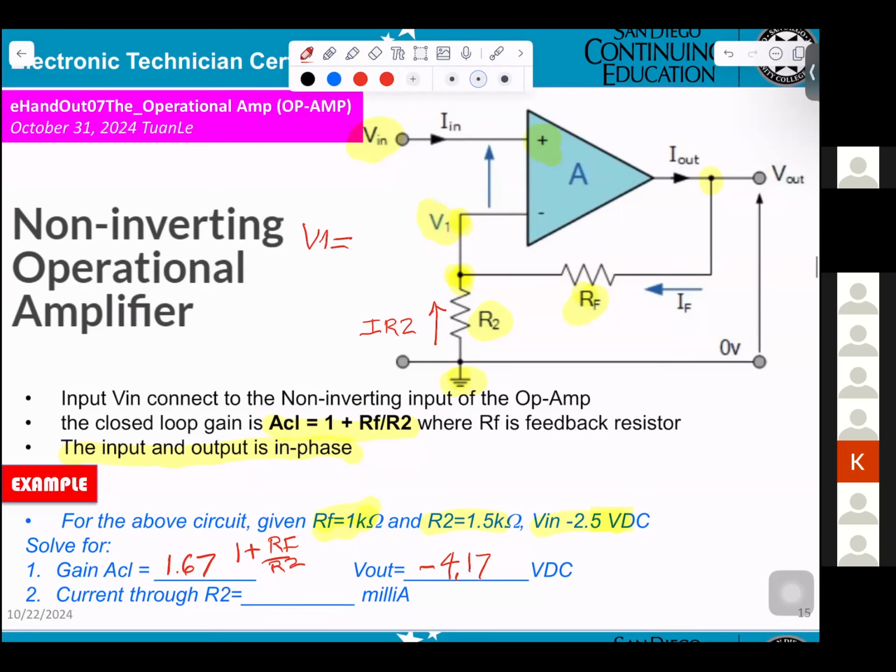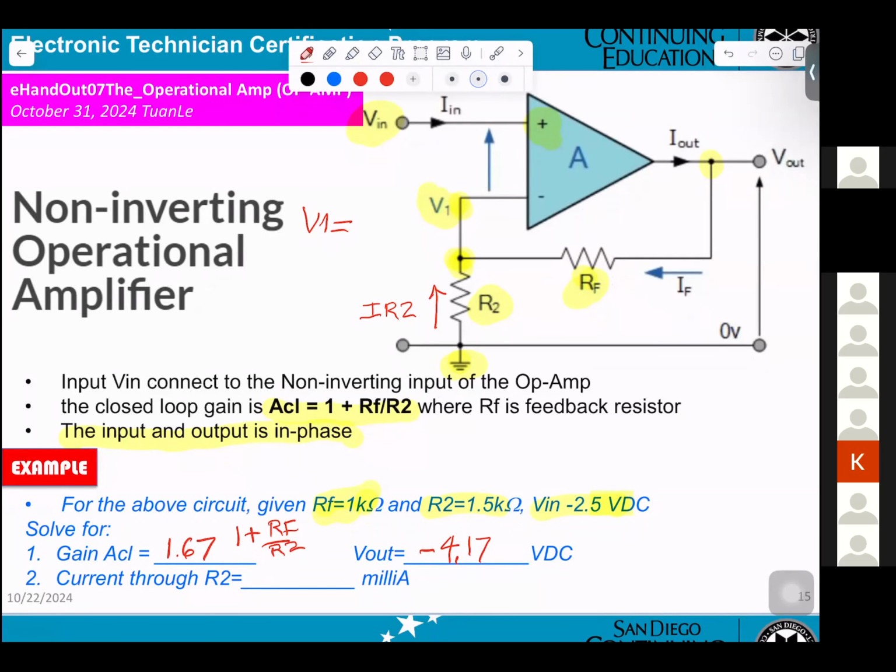You know the difference here is zero volts, so V1 and V in will be the same, equal to minus 2.5. So it's minus 2.5 divided by R2.